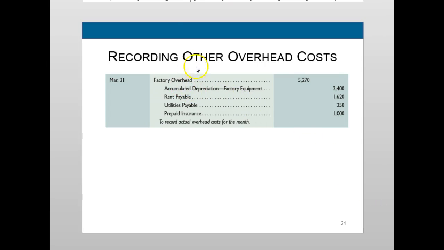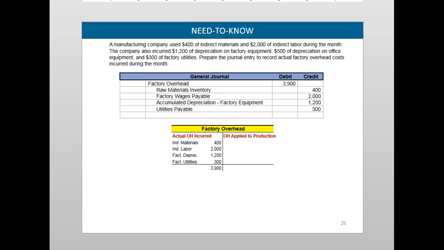So, and then we're doing the other costs. So I'm actually doing the depreciation, I'm doing the rent, I'm doing the prepaid. This is a debit to my factory overhead. So, when I get all finished, now remember, I've been applying from my job sheets here, but this is the actual overhead.